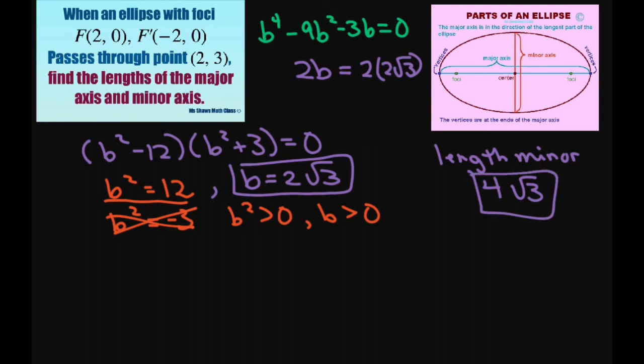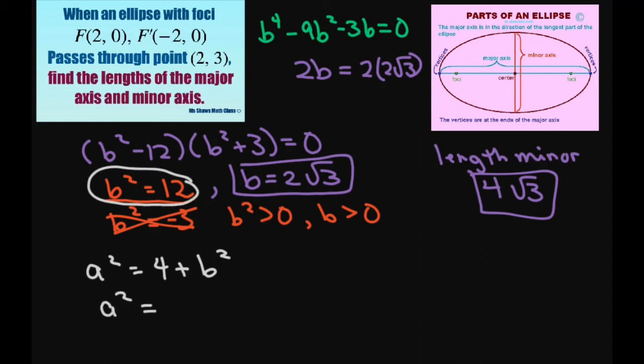All right, now for the length of the major, we have to find a squared. So remember, we had a squared equals 4 plus b squared. And our b squared is 12. So we have a squared equals 4 plus 12. So a squared is 16.